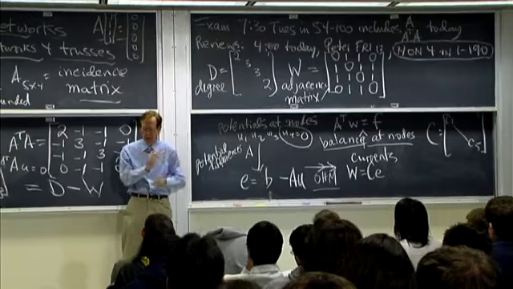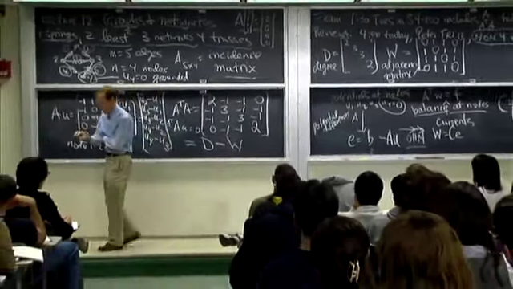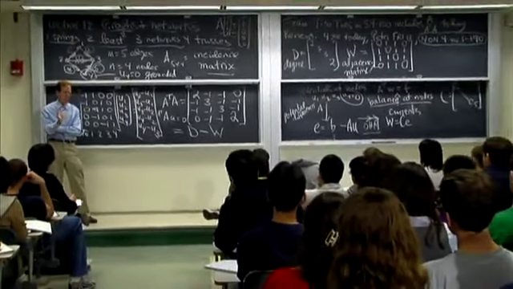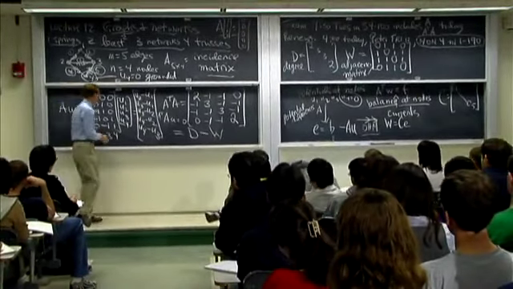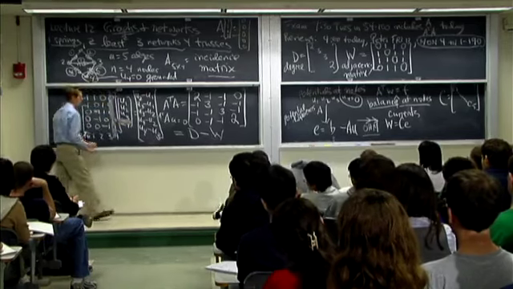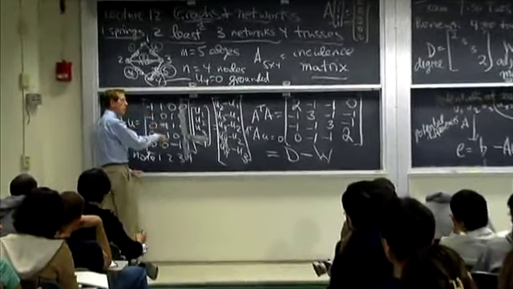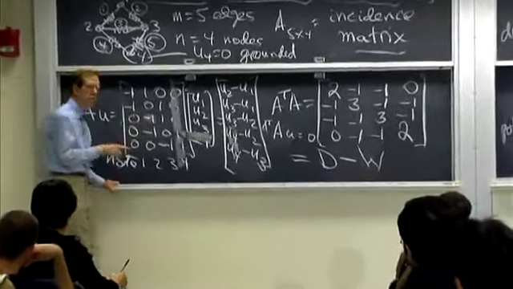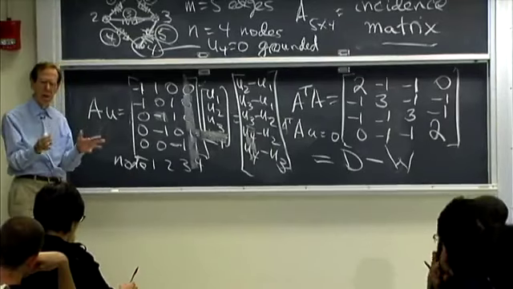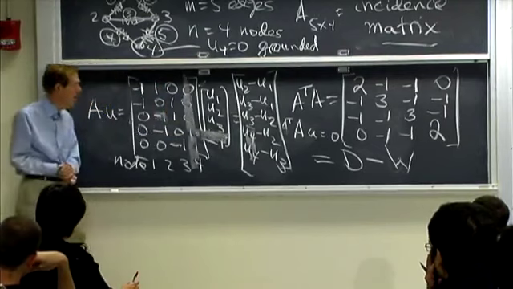So this is a key step here. When I set U4 equals 0, I now know U4. It's not an unknown anymore. So I've removed U4 from the problem. And then it'll be also removed from A transpose A. So this is, you could say, like a reduced A or a grounded matrix A. It's now 5 by 3.